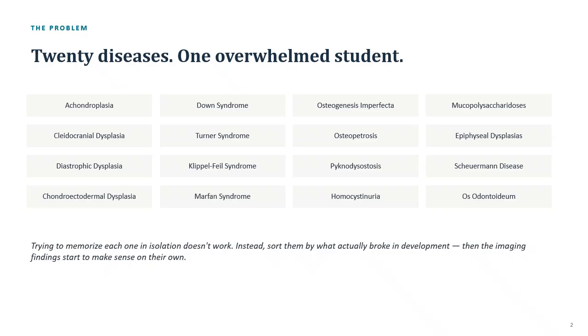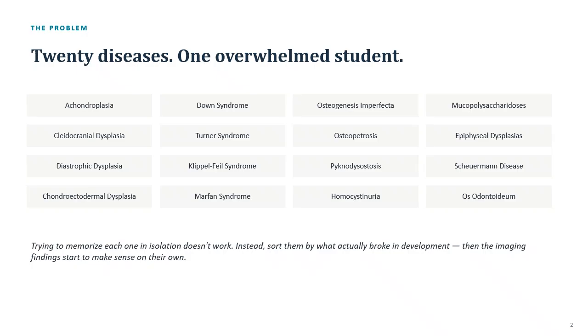So instead, we're going to try and sort the conditions by the part of development that is being affected. As you move through the chapter, don't worry about recalling every single detail immediately. First, we want to learn how to recognize the larger pattern. Ask whether the problem mainly affects bone growth and shape, or does it affect the strength of the connective tissue or the body's overall genetic blueprint?